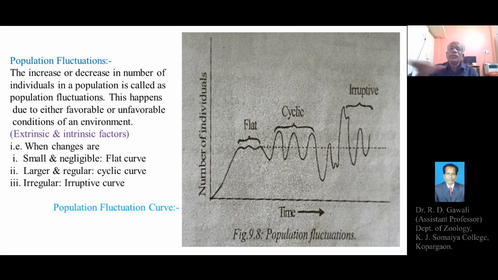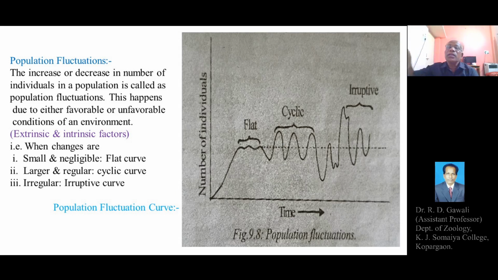So these are the three types of population fluctuations that can be observed due to different types of changes in an environment. They may show changes in extrinsic or intrinsic factors. So extrinsic or intrinsic factors, or favorable or unfavorable conditions of the environment, lead to population fluctuations, that is, different growth patterns in a population representing either a flat curve, a cyclic curve, or an eruptive curve.